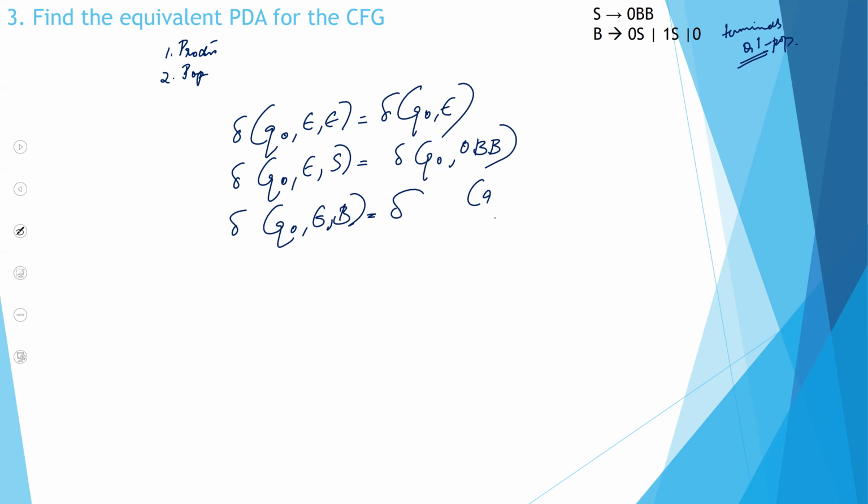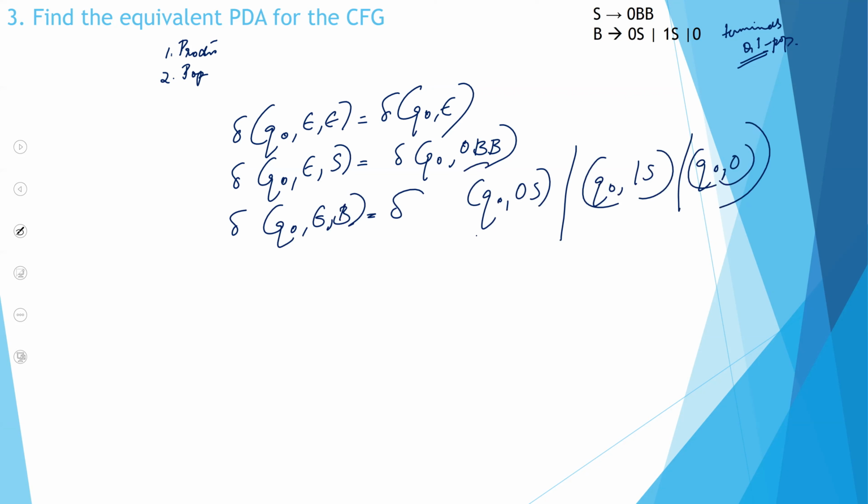It can be either Q0 0S or it can be Q0 1S or it can be 0. That's it. Okay, so I've written for all my production rules. I've written for all my production rules.